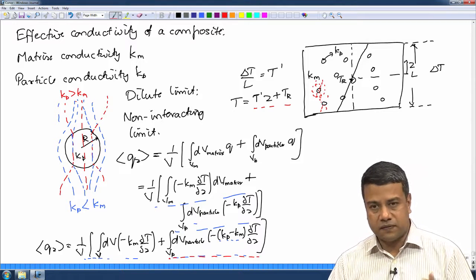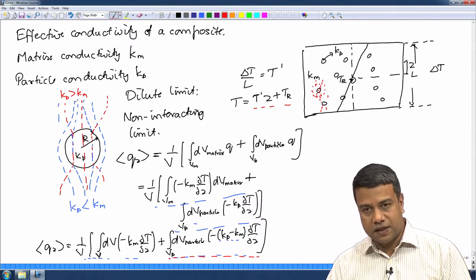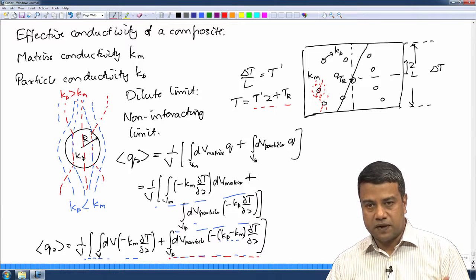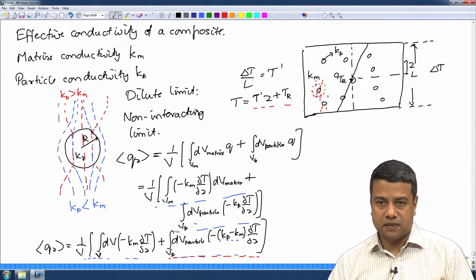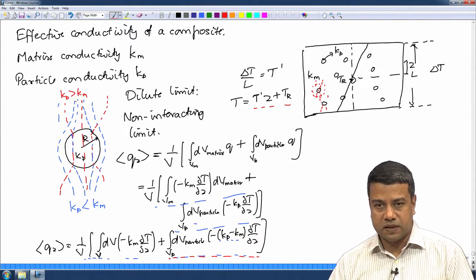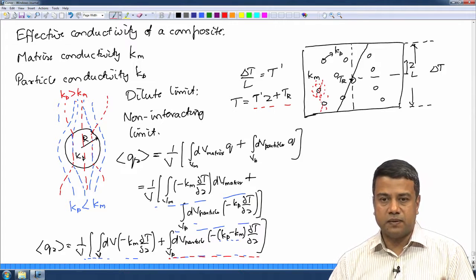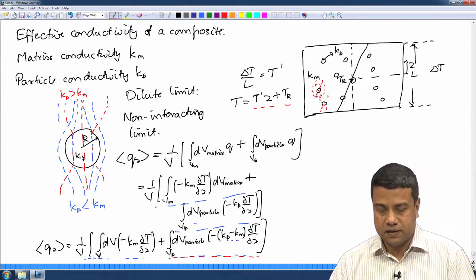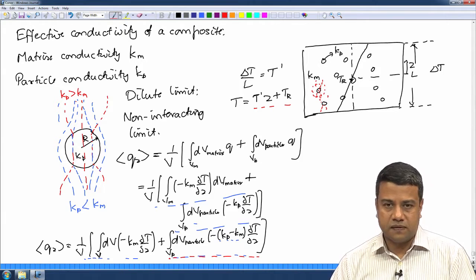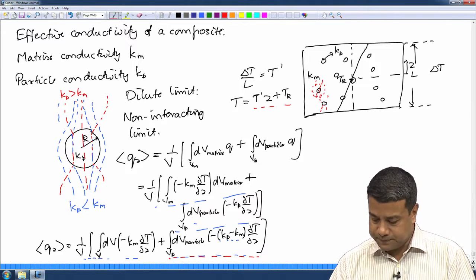The first term is an integral over the entire volume of the matrix conductivity times the temperature gradient. That includes the volume of the particles plus the volume of the matrix. The second term is an integral over the particles alone, of the difference in conductivity between the particles and the matrix. So, this is an alternate way of writing the exact same relation.